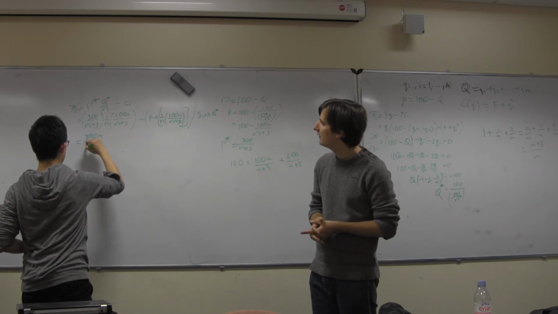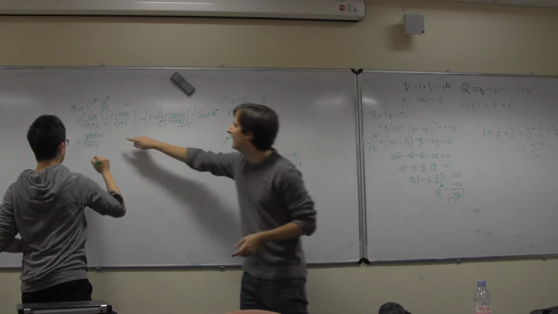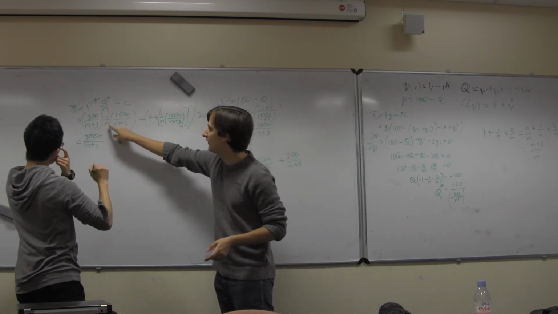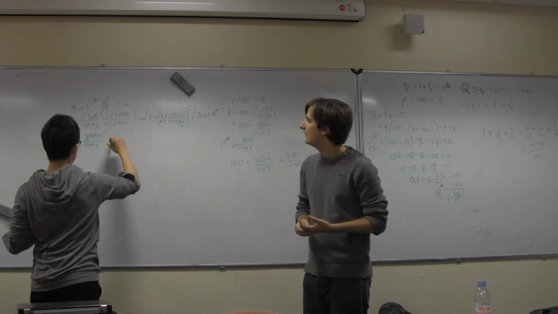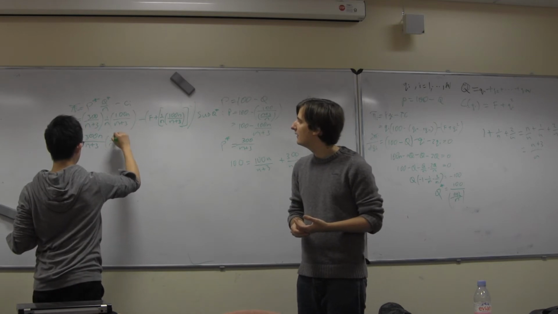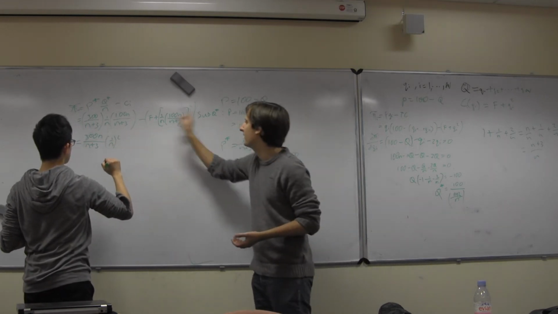N plus 3. Okay, so you've gained an n on the top, so let's turn that 1 over n into 1 over n squared. Yeah, and then keep everything else as it was before.